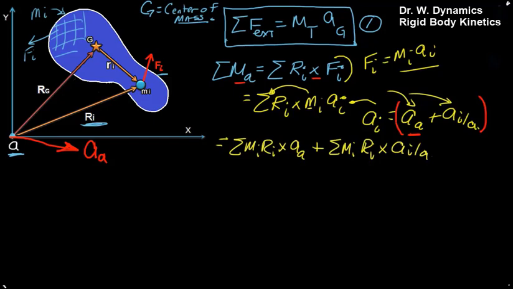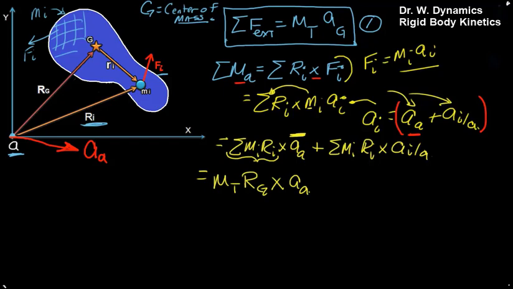And looking at this, aA is a constant, so it lifts out of the summation, and we're left with just the sum of the mi ri, which we should recall from our discussion on particles is M total rG, that's a first moment, crossed with aA.